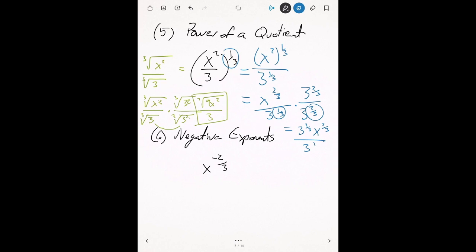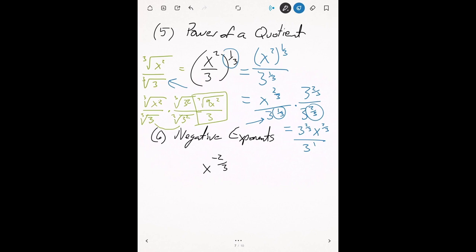Really, we just have to make sure that our final answer doesn't have a rational exponent in the denominator, because as we saw over here, a rational exponent in the denominator means you have a radical in the denominator, and that's not fully simplified. We are going to have to break it down further.